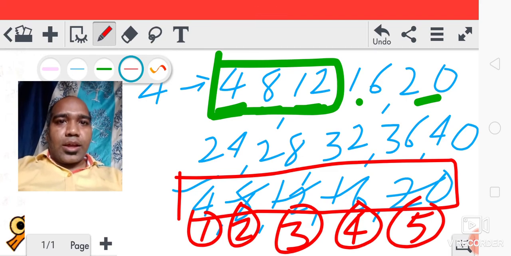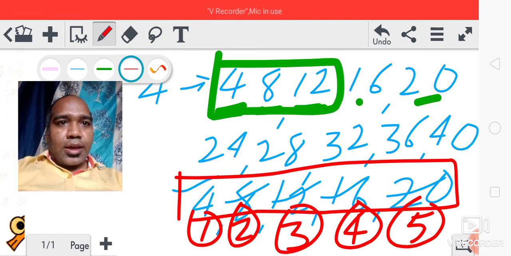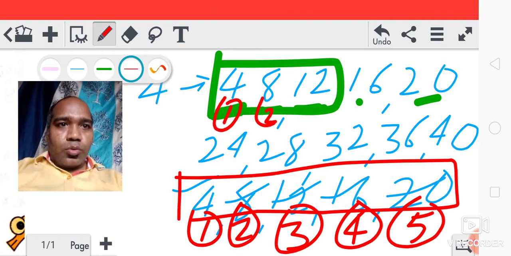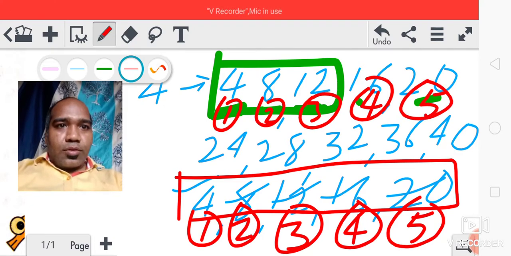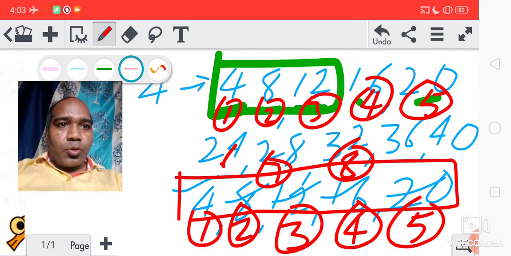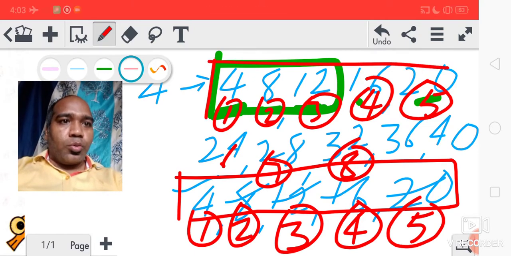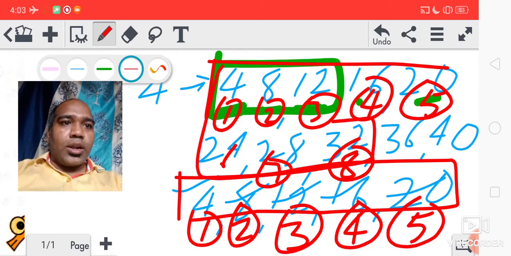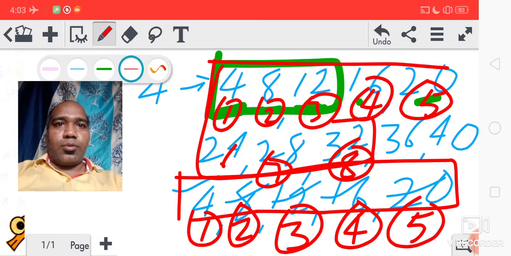In the same way, if I ask you the first 8 multiples of 4, then 1, 2, 3, 4, 5, 6, 7 and 8. So up to which number have we got? Up to 32. So 4 to 32 are all the first 8 multiples of 4.